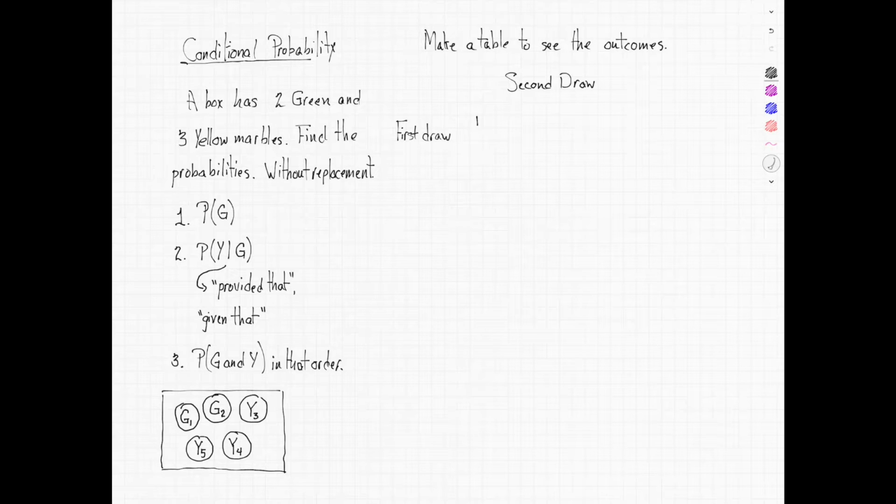So first, on the first draw, we could get the 1, one of the green ones, the 2, that's the other green one, the 3, that's a yellow, 4 or 5, those are the yellows. On the second draw, I could get a 1, a 2, 3, 4, or 5.